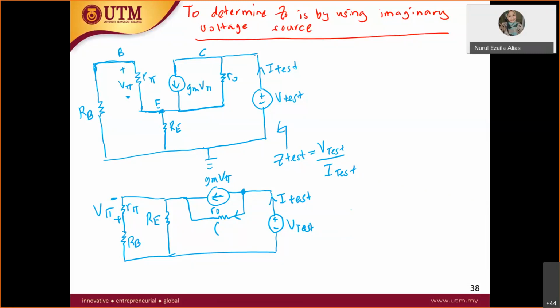You have I test going in, and you also have the current GMV pi going out, so the current at R naught will be I test minus GMV pi.